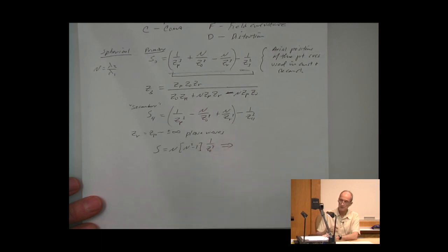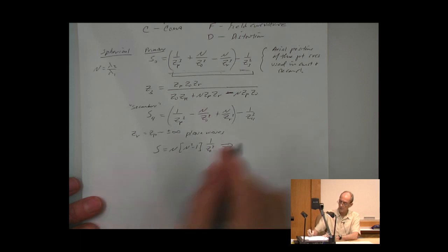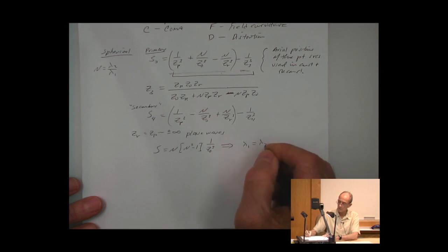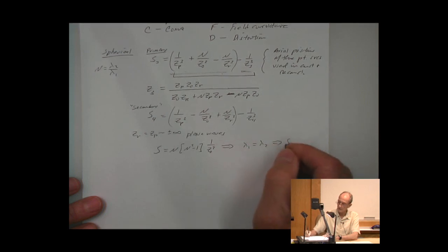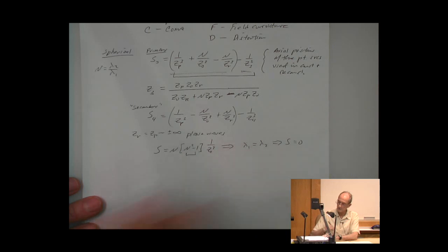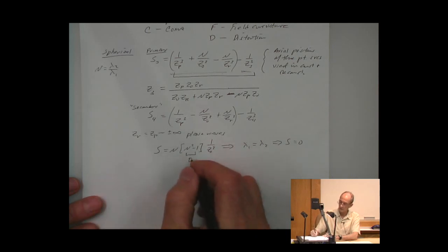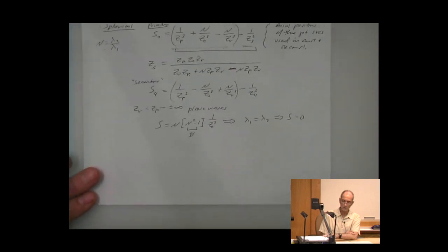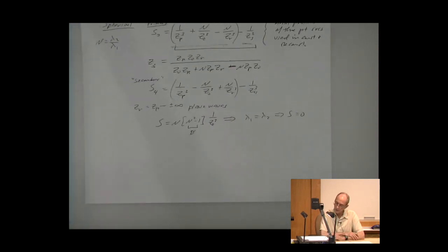And in this case, when we have these plane waves, the spherical aberration can be eliminated if lambda 1 equals lambda 2. So in that case, we have S equals 0, because that sets that term equal to 0.